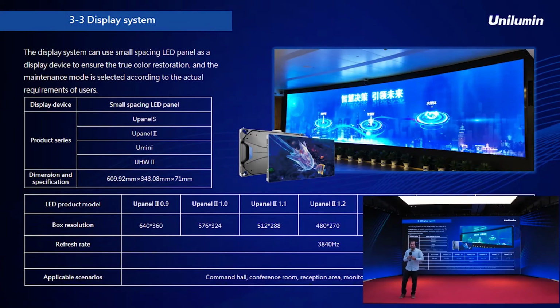The display system can use small spacing LED panels as a display device to ensure true color resolution, and the maintenance mode is selected according to actual user requirements. We have multiple products in our series to accommodate different types of requirements, for example, our uPanel S, uPanel 2, uMini, UHW2, with pixel pitches ranging from 0.9 to 2.5.